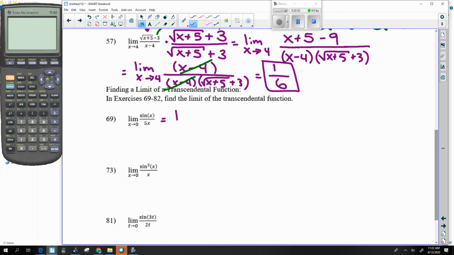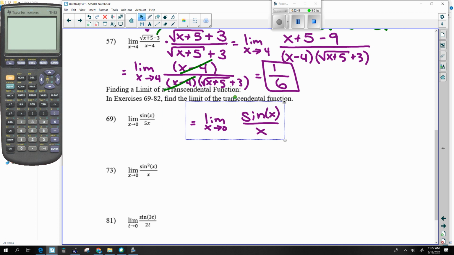Well, there's silly things that you need to know. Limit as x goes to 0 of sine x over x is equal to 1. Let's take my word for it. So notice that in this problem right here, I can factor out a 1/5 before the operation is even started.